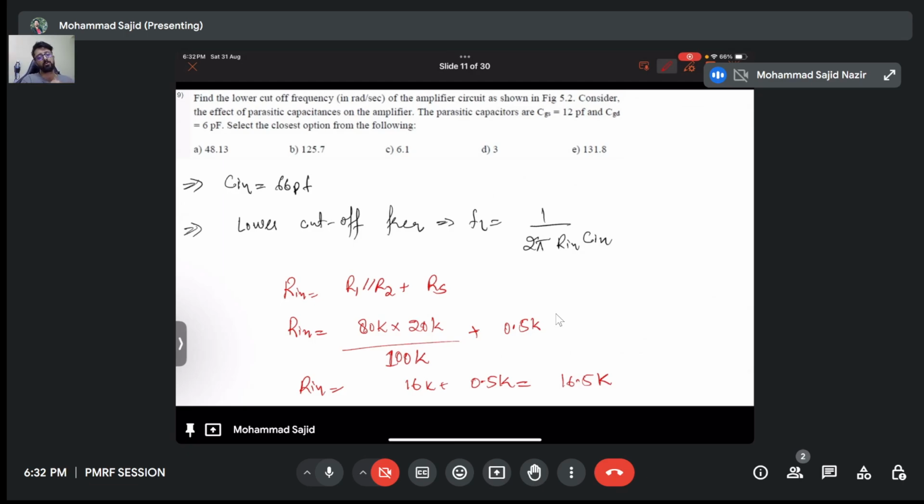So this is the total input resistance. Now we substitute it here with C input of 66 picofarad. You can find the lower cutoff frequency, calculate it and match it with the values which are given.